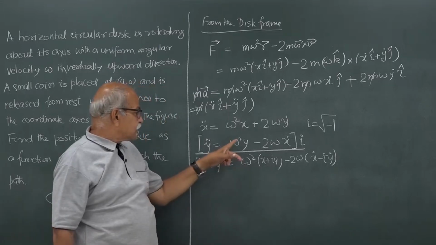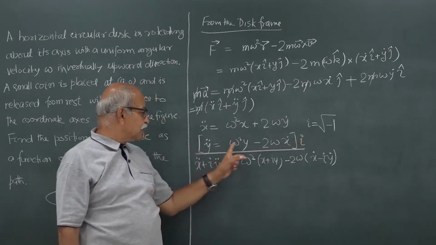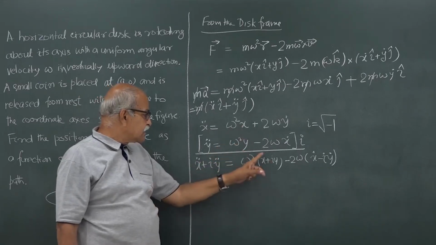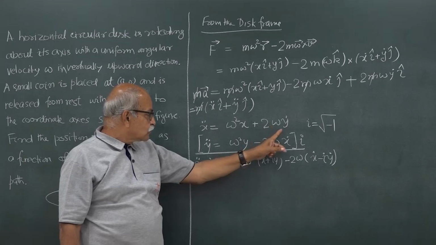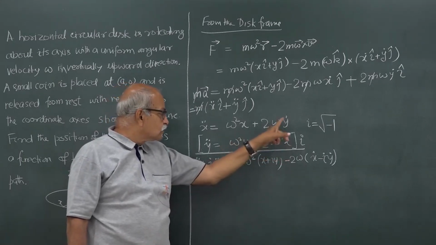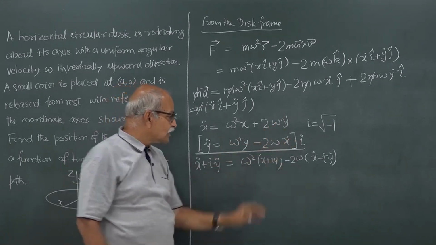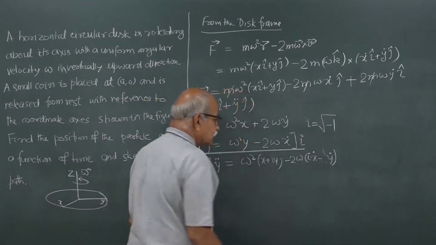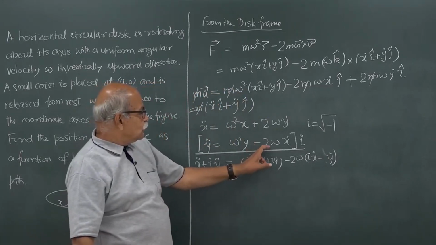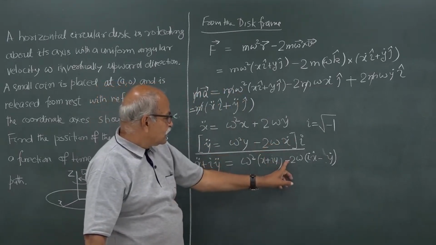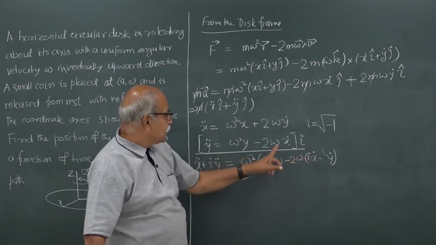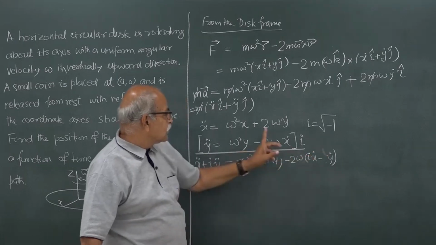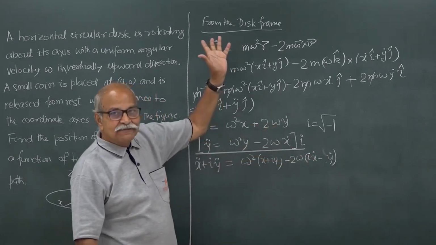Okay, so let us check. I have to multiply this whole equation by i. So I have put i here, then i here, and here 2 omega y dot and minus x dot i, all right. So this i comes here, correct. So we are adding minus 2 omega x dot i and minus 2 omega x dot i, then here it is plus 2 omega y dot plus 2 omega y dot.